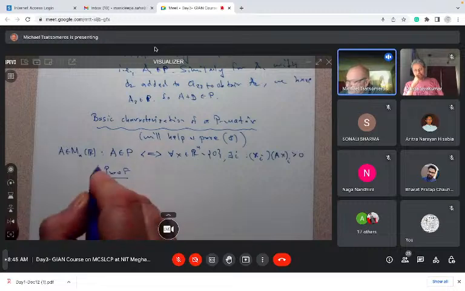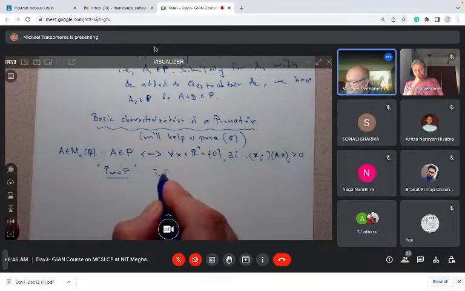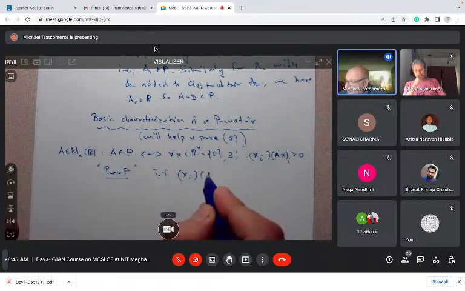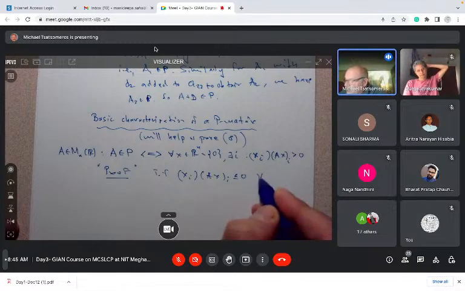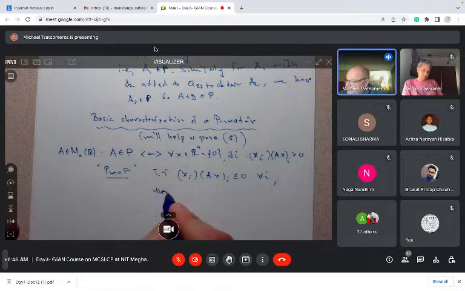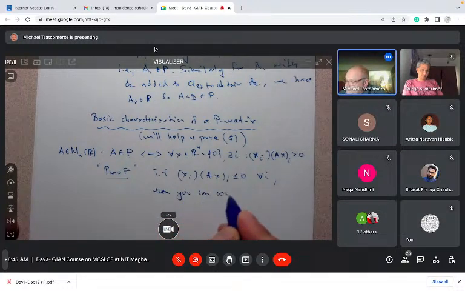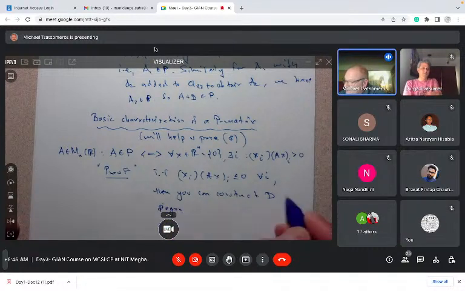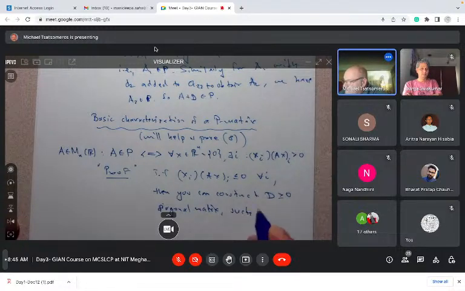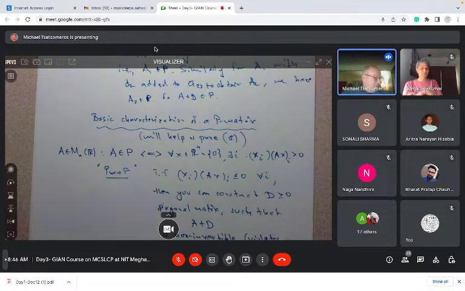The proof of this, essentially just a sketch, is that if x_i times (Ax)_i is less than or equal to 0 for all i, for some vector, then you can construct D, a positive diagonal matrix, D greater or equal than 0, such that A plus D is non-invertible, which violates the thing we just proved, which was, what number was it? 5.